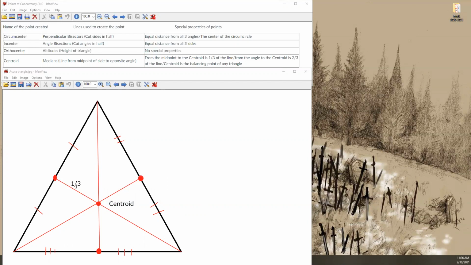So if I went from the midpoint all the way to the angle, this is 1/3 of the line. From the angle to the centroid is 2/3 of the line. So the small part is 1/3, the large part is 2/3.